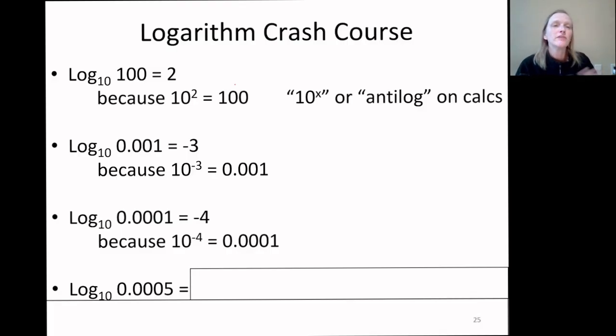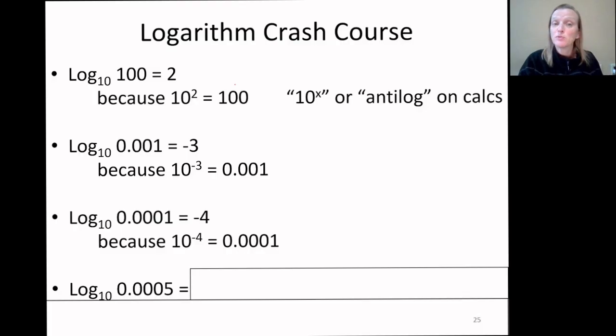Now, everything we've done so far has been a power of 10. What if we take the log of something that is not a power of 10, 0.0005, for instance? This is clearly between the second example and the third example.